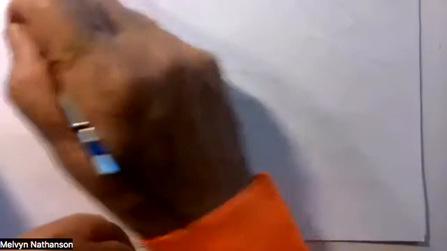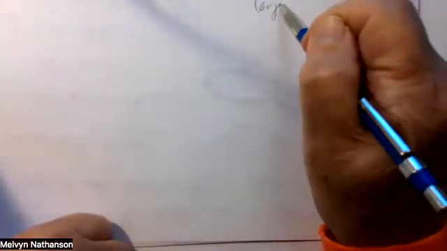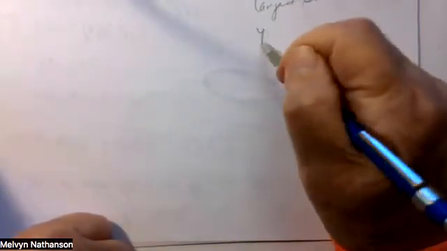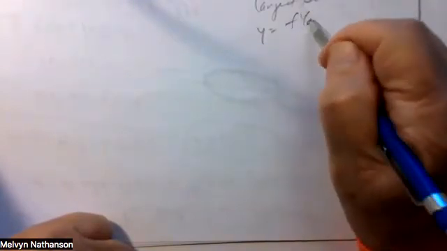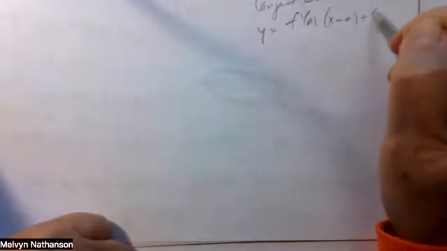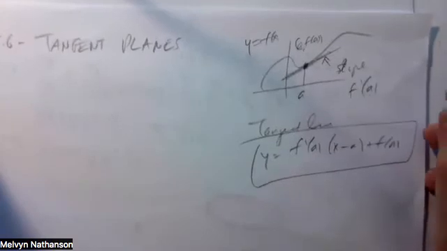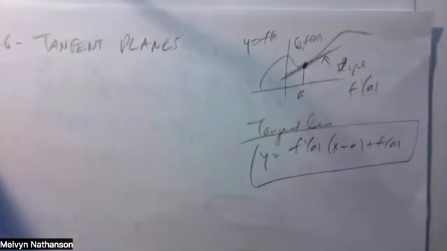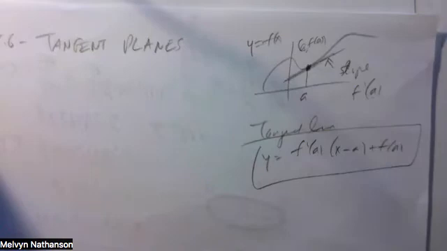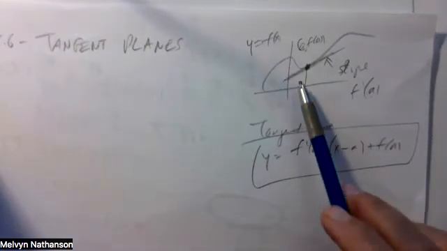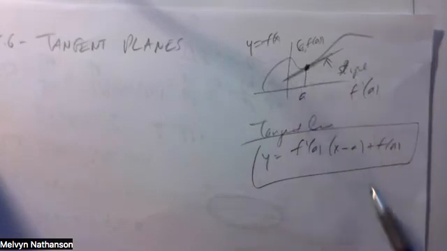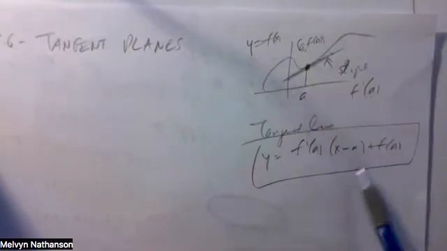And then the equation of this tangent line is y equals f prime of a, x minus a, plus f of a. So that's the line through the point a comma f of a on the curve, whose slope is the derivative.